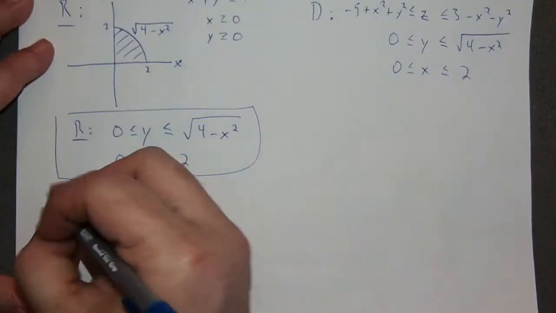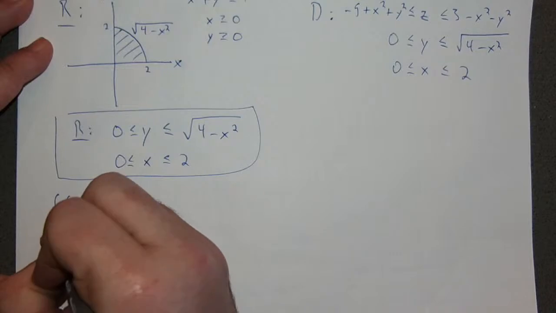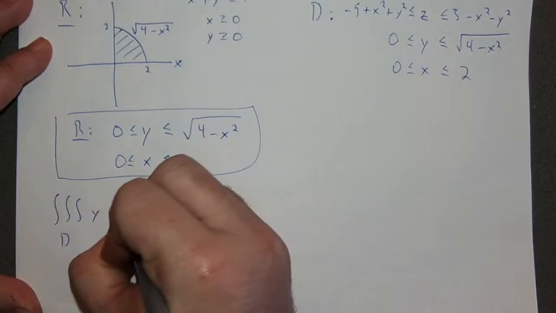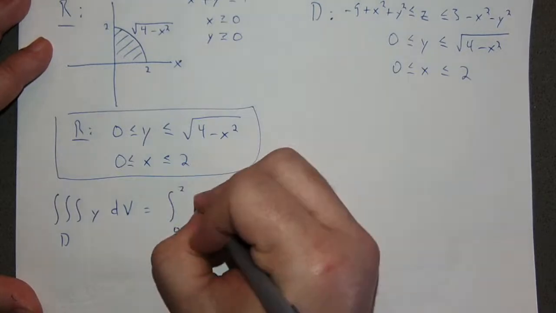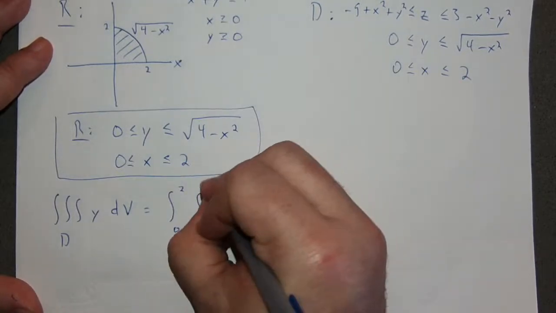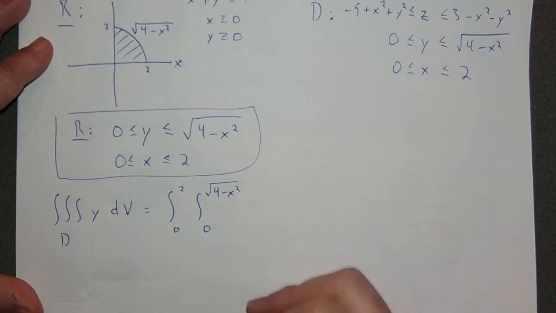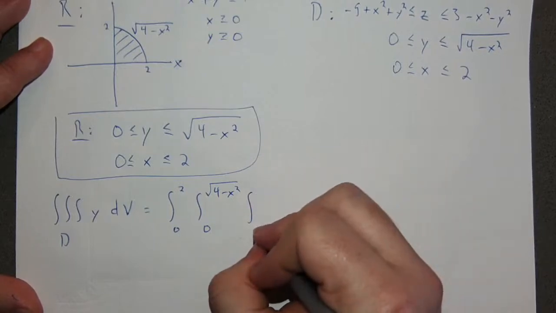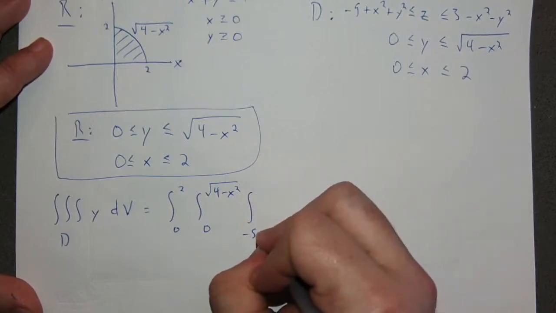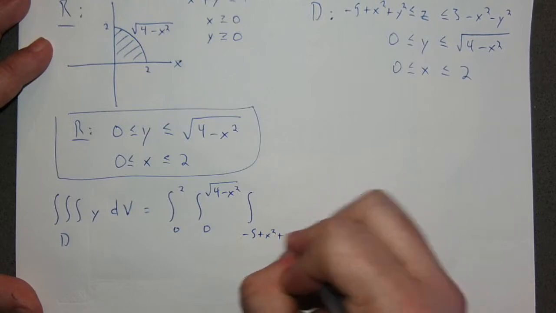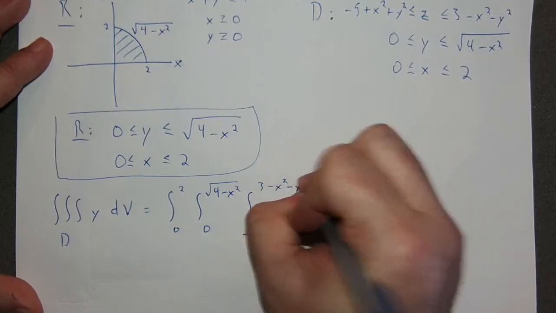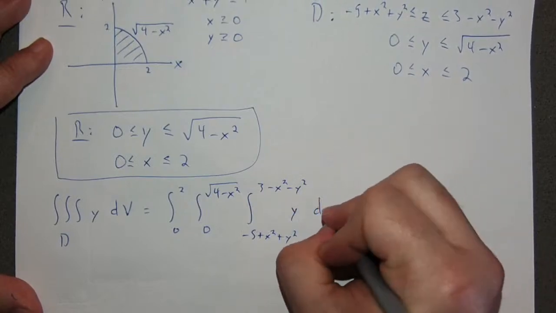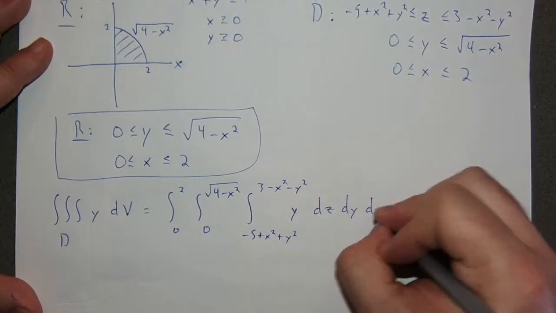Okay, so then my triple integral over the region D in question of y dV is the integral from 0 to 2, the integral from 0 to square root of 4 minus x squared, the integral from minus 5 plus x squared plus y squared to 3 minus x squared minus y squared of y dz dy dx.